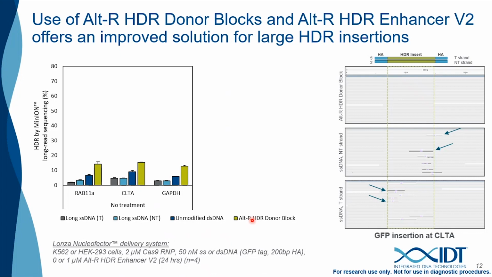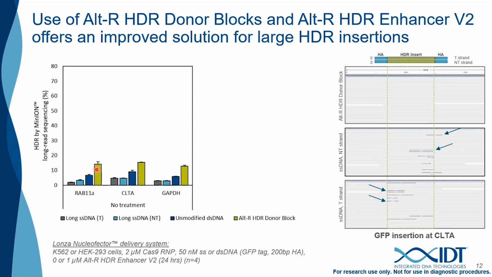We're delivering these donors into K562 or hex cells at equal molar doses. Here I'm showing cells that have not received any additional treatment. You can see for generating these GFP insertions that the long single-stranded DNA gives roughly 5% HDR as a baseline. If we then switch to the unmodified double-stranded DNA, we're getting up to about 9% HDR, and use of our modified donor blocks boosts that up to about 15% HDR.